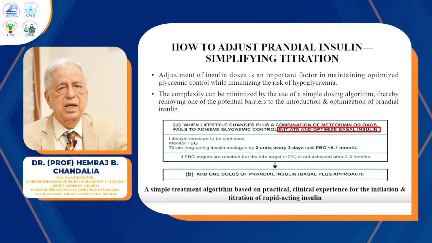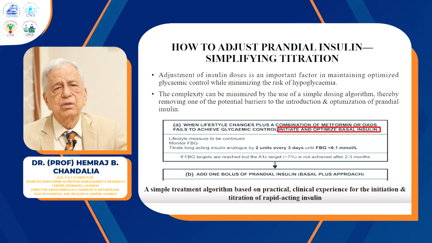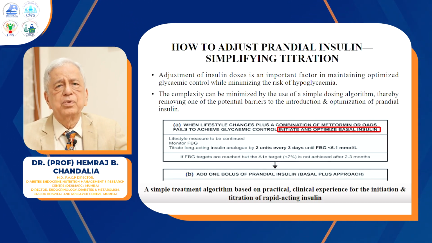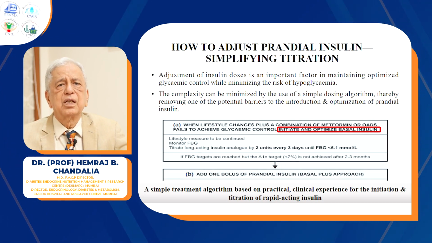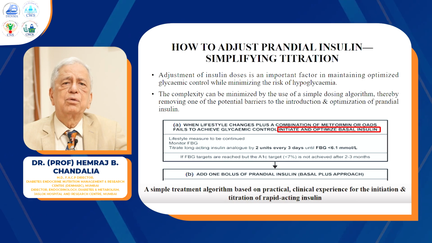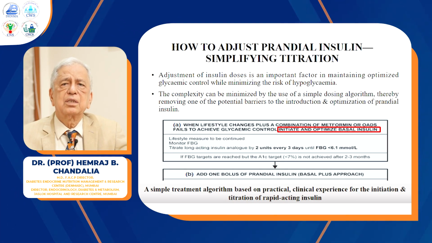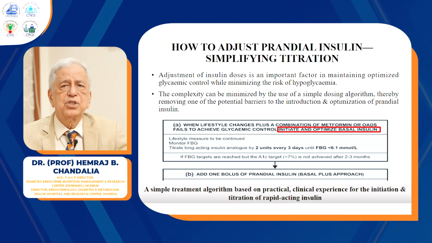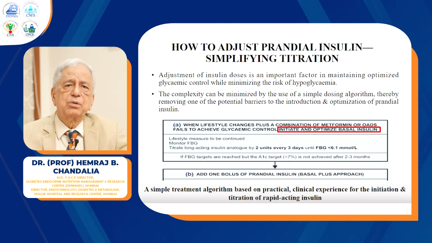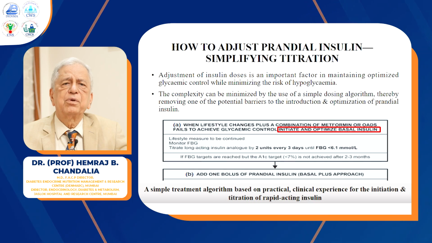I want you to understand that the escalation you make is really a fraction of the dose already being given. So with 10 units, you may increase only 2. But once you reach a prandial dose of something like 16 or 20 units at each meal, it is not adequate to change it by 2 units. You start changing by about 4 units.